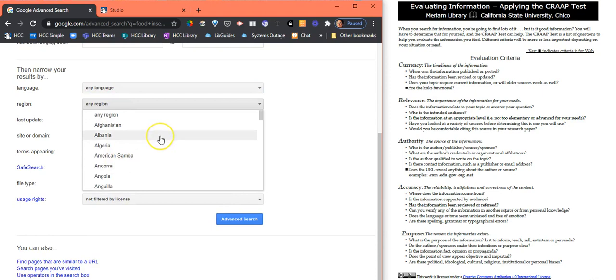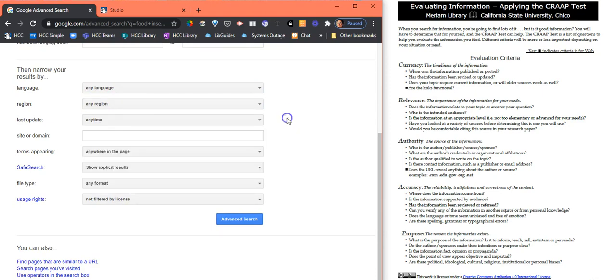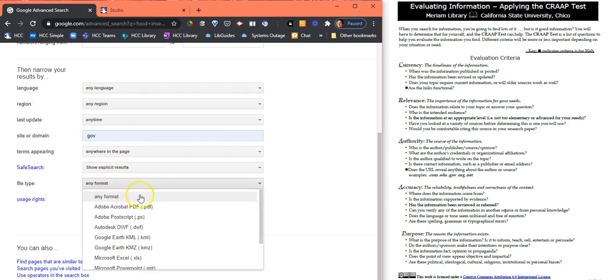If I only wanted maybe the last year, I can change this to any language, any region. So if I wanted to look at a certain part of the world, and I can also choose just by the site or domain. Of course, this isn't as straightforward as it could be, but I could just choose .gov or .edu and see what I find. I can also look at the type of information.